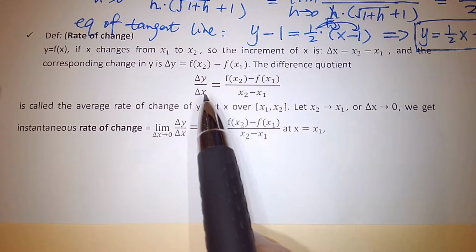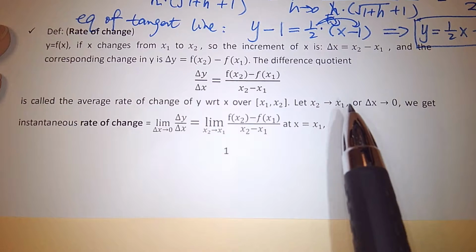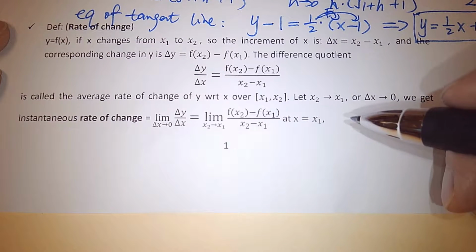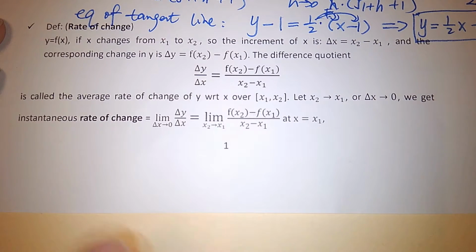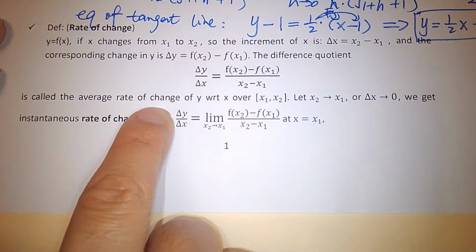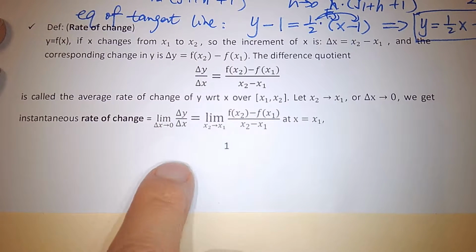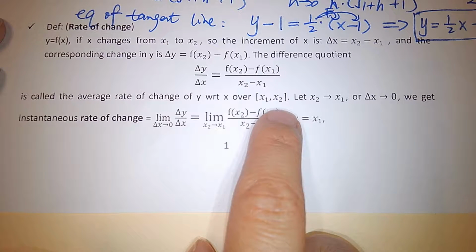The difference quotient delta y over delta x equals f of x sub 2 minus f of x sub 1 over x sub 2 minus x sub 1 is called the average rate of change of y with respect to x over x sub 1, x sub 2.